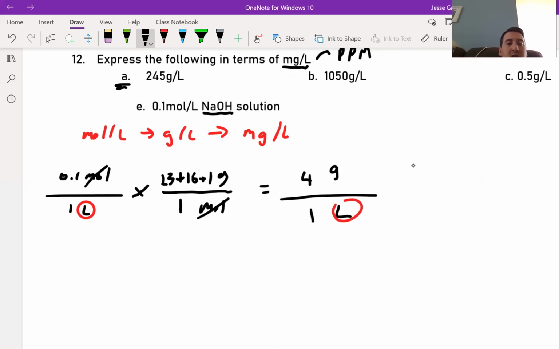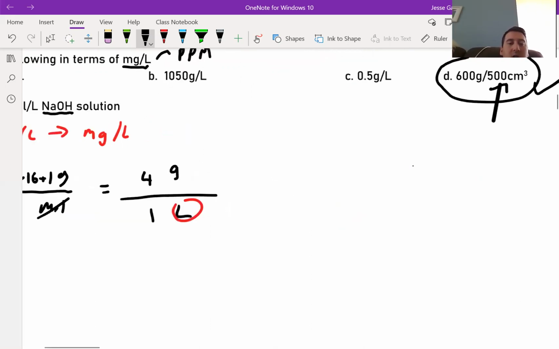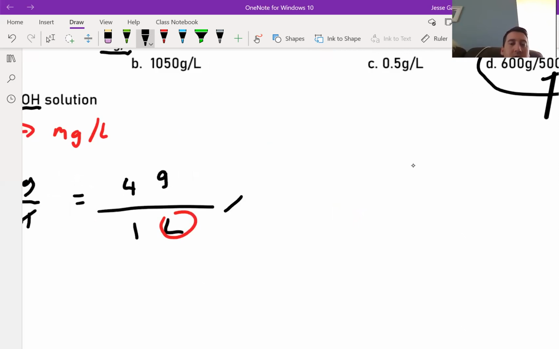All right, so that's the first conversion done, moles per liter to grams per liter. Now I need to go from grams per liter to milligrams per liter. So I'm going to use another conversion factor like this, and make sure I've got milligrams per liter as my answer. I've already got liters in the denominator, so that's good. I need milligrams in the numerator, and grams has to cancel with those grams.